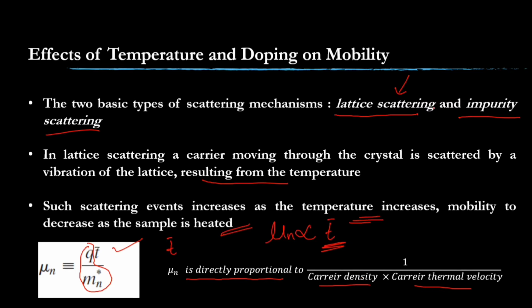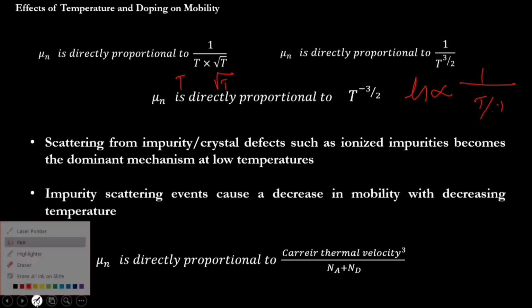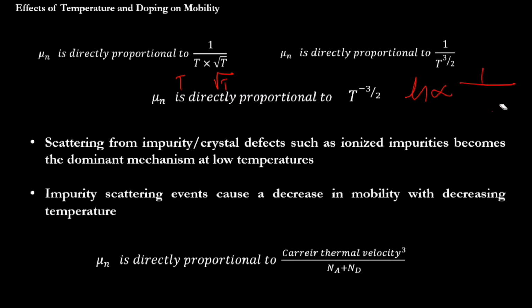The carrier density is proportional to T, and the thermal velocity is proportional to root T. So I can write that the mobility is directly proportional to 1 by T into root T, that is, the mobility is directly proportional to 1 by T to the power 3 by 2, which is T to the power minus 3 by 2.